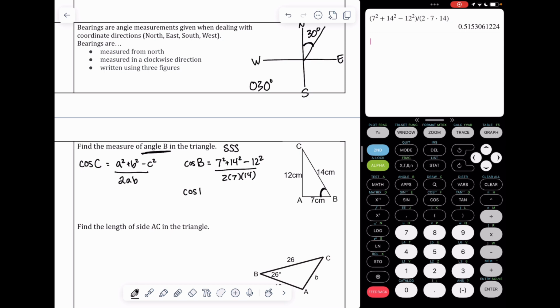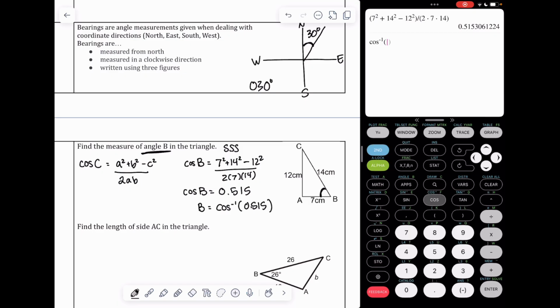When I write on my paper, I'll round. I'll say cosine of B equals 0.515. But when I go to solve this by doing cosine inverse, so B equals cosine inverse of all of that, I'm going to use the exact values from my calculator.